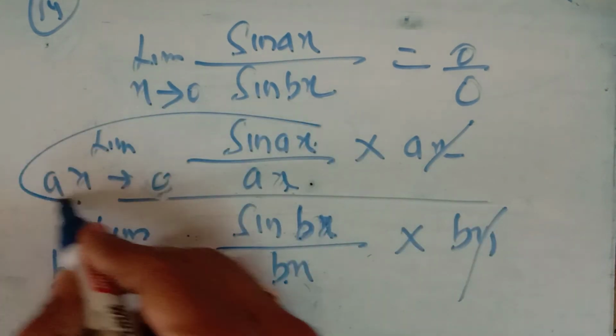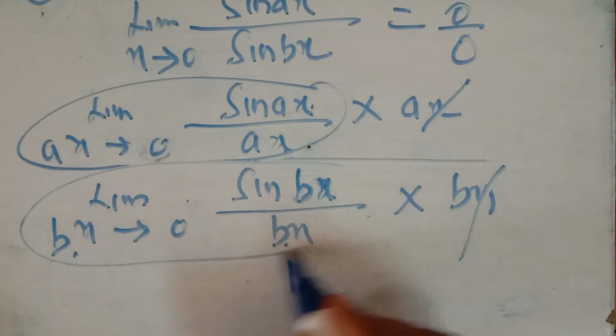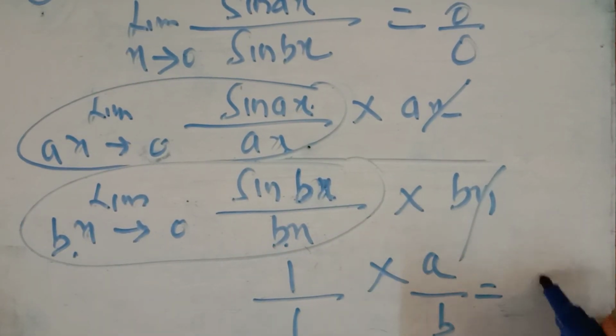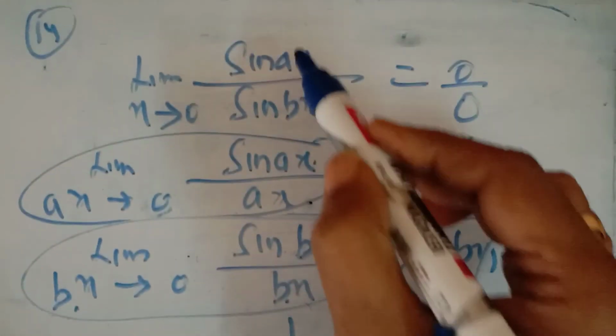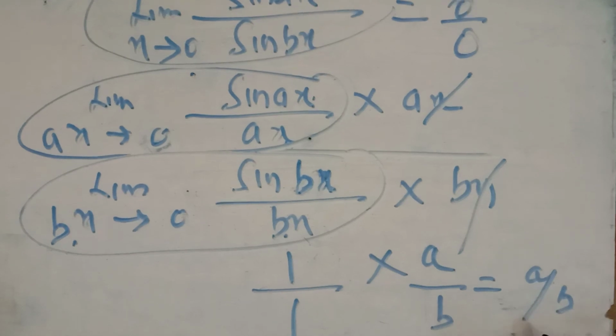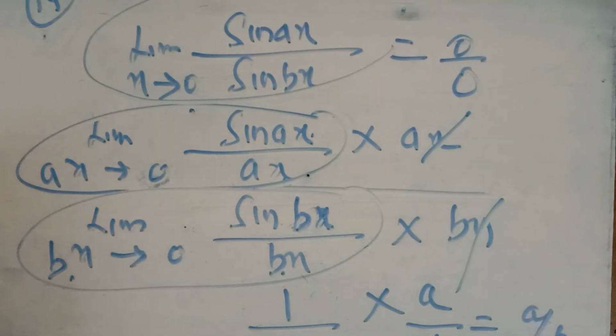Then this is equal to 1 by the standard limit, and this is also equal to 1 by the standard limit. So a upon b is the limit of this function at x equal to 0, by using this standard limit, that is, limit of sin x upon x as x goes to 0 equals 1.